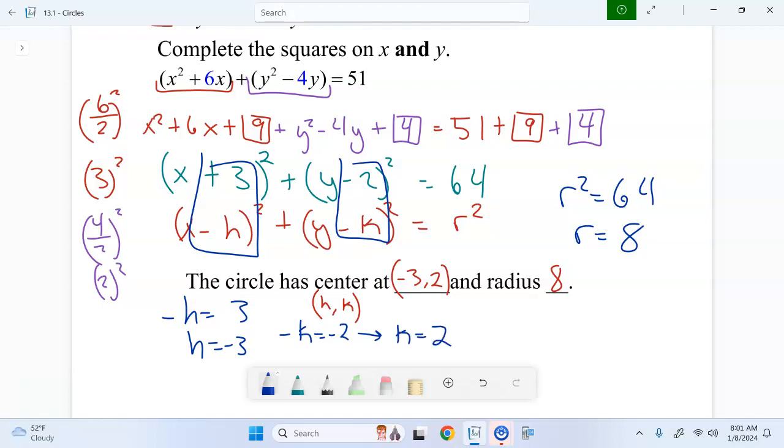And there's our process for identifying those values. Questions so far?